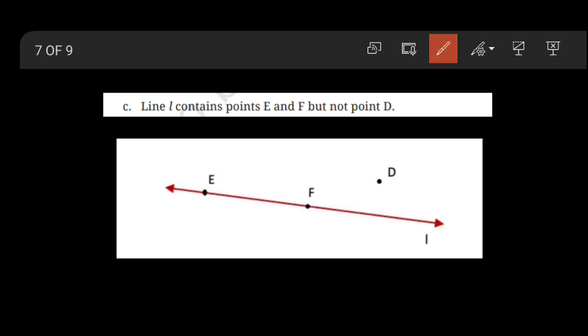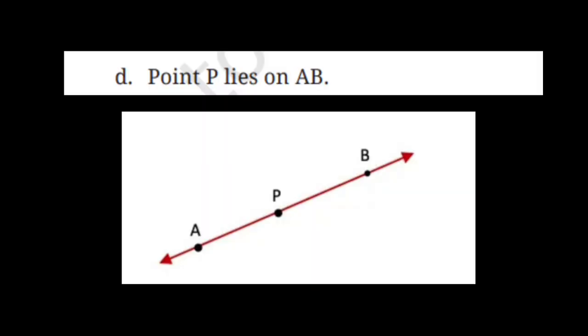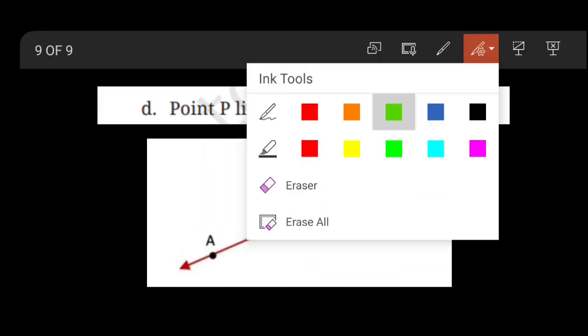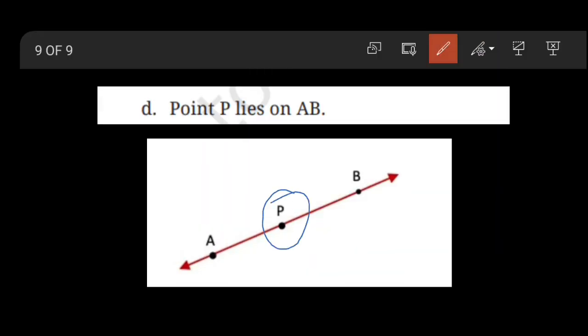So we have line L which contains points E and F, but point D is not on it. We can take point D over here or anywhere. Point P lies on AB. So we have line AB and point P lies on it.